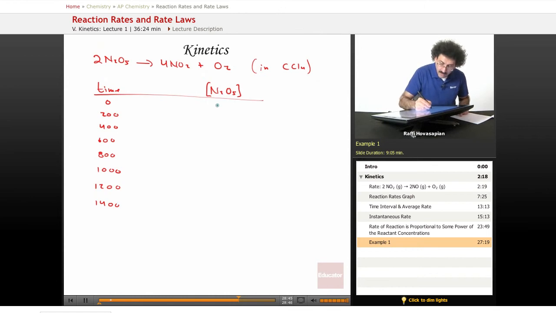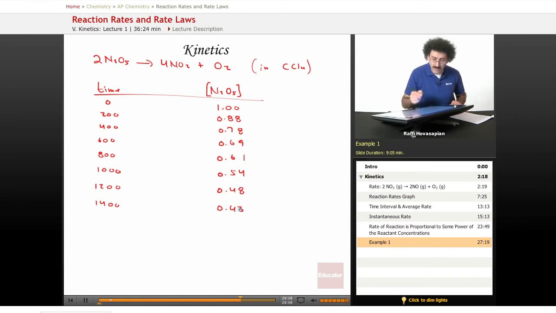Concentration: 1.00, 0.88, 0.78, 0.69, 0.61, 0.54, 0.48, 0.43. Okay, so we have this set of data that we collected.